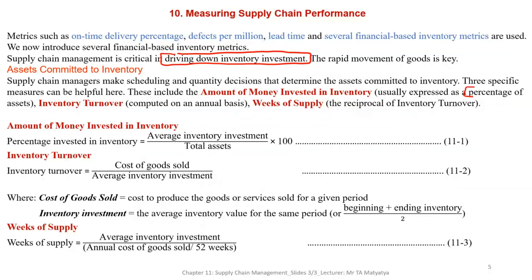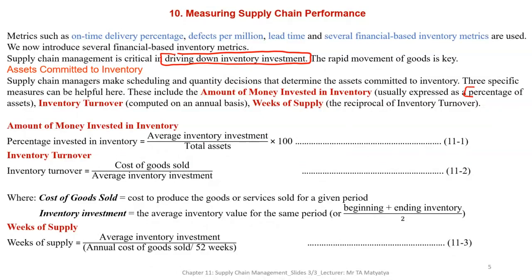Amount of money invested in inventory, which is percentage invested in inventory, equals average inventory investment over total assets, meaning the total value of your assets. So your inventory, including your equipment and stuff like that, everything that is there, over your total assets.